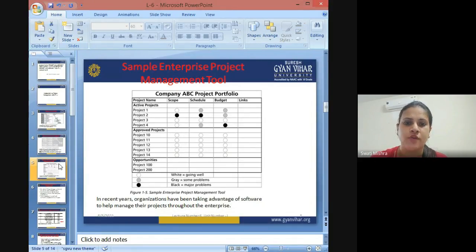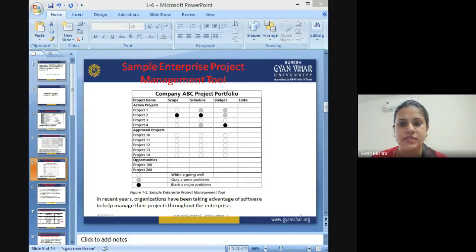And there is software which can actually analyze the progress of the projects and can easily make the stakeholders and the users of that software, those who have the sharing rights, aware of the progress of each and every project which is going on under that particular enterprise. So that is what the EPM tool is doing.